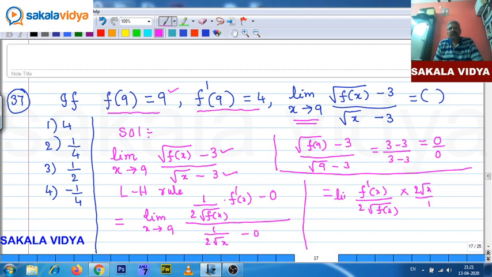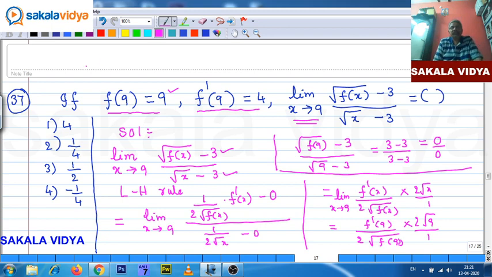Now the limit x tends to 9. Let us apply the limit. F dash 9 by 2 root of f of 9 into 2 root 9 by 1. Okay.